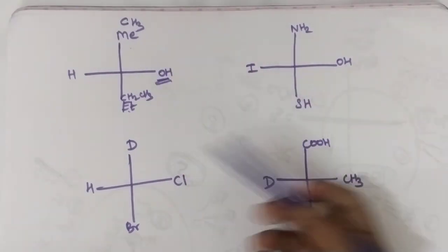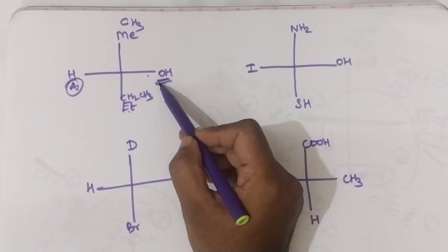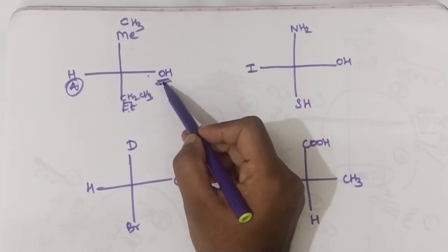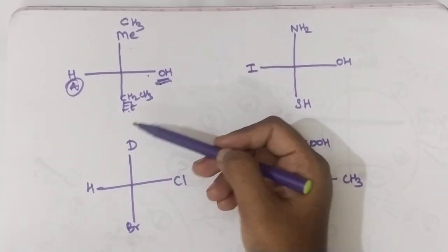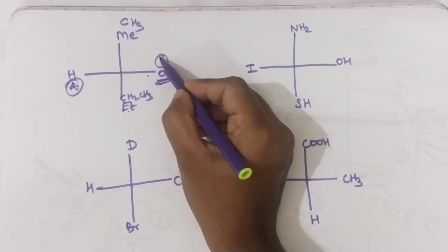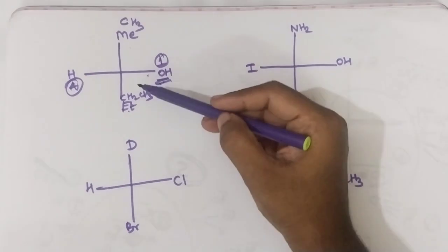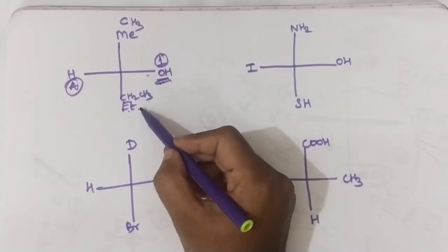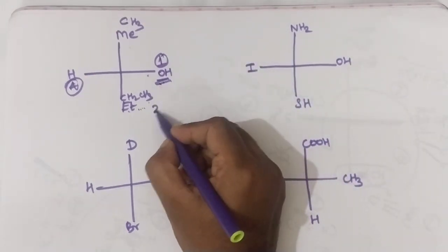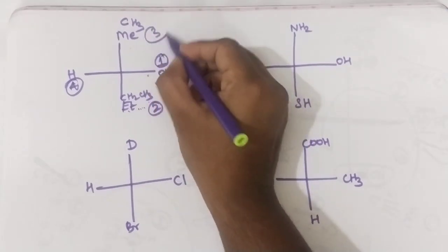The other 2 atoms are carbon and hydrogen, so hydrogen will have least priority. Here it is directly attached to oxygen. Oxygen will have higher atomic number than that of the methyl and ethyl. Hence, this is the first priority. Okay, this should be given the first priority. Then the second one is, between these 2, ethyl will have higher atomic mass, right? Hence, it is 2, it is 3.